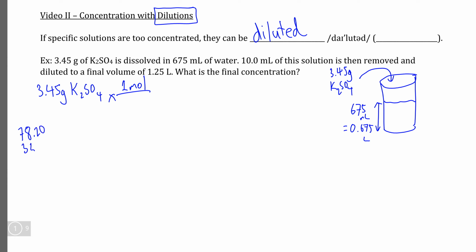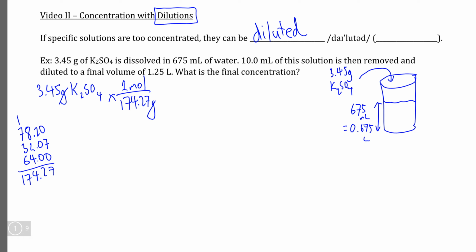Molar mass of sulfur is 32.07, and the molar mass of oxygen times 4 is 16 times 4, which is 64. If we work some quick arithmetic here, you should find that your molar mass comes to 174.27 grams per mole, and all we need to do is divide our initial mass by the molar mass in order to find our moles of K2SO4.